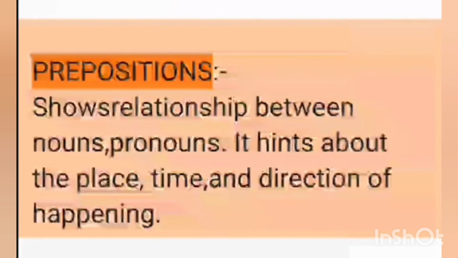Our next word class is prepositions. Prepositions are word classes that show the relationship between nouns and pronouns and other words in the sentence. They hint about the place, time and direction of happening.